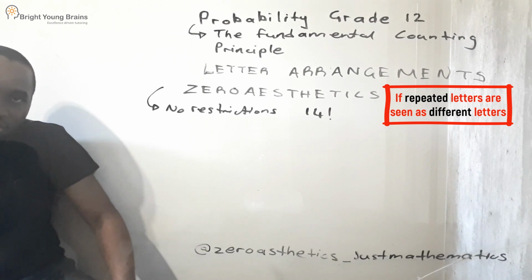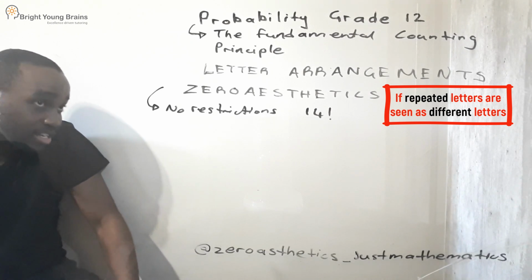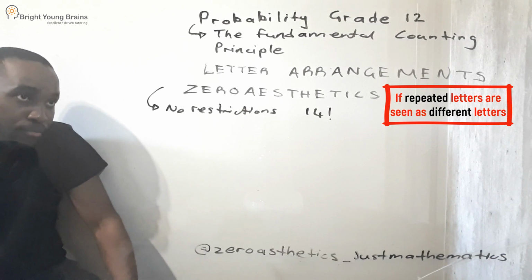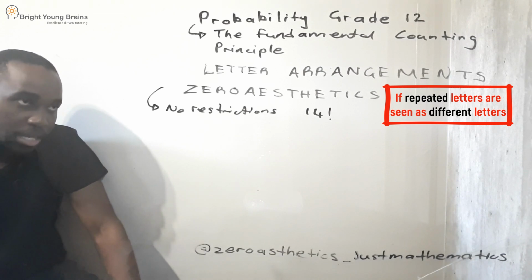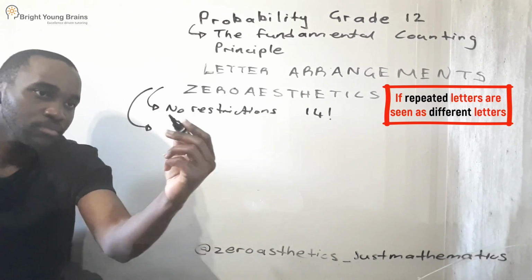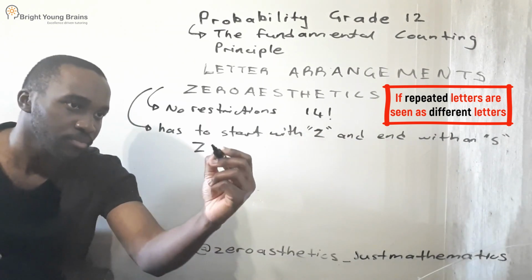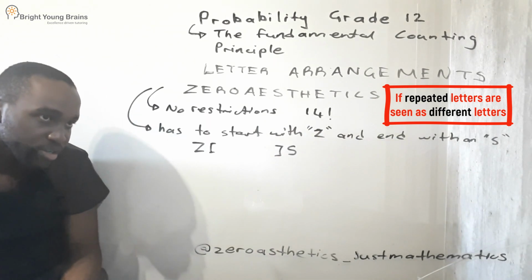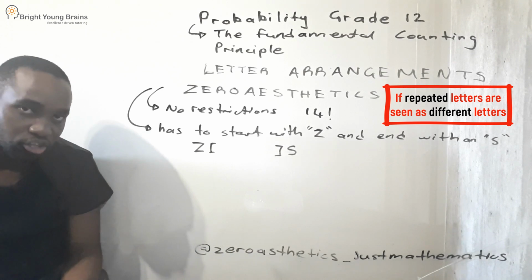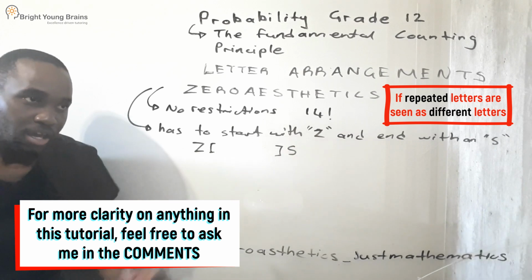If we do have restrictions, however, say they ask us how many ways can these letters be arranged if your word has to start with a Z and end with an S. In a scenario like that, you want to pretend that your word actually only has 12 letters, where Z is in front and S is at the end.